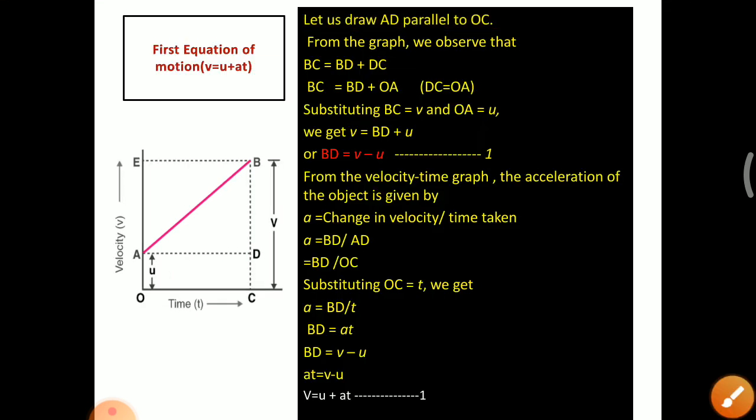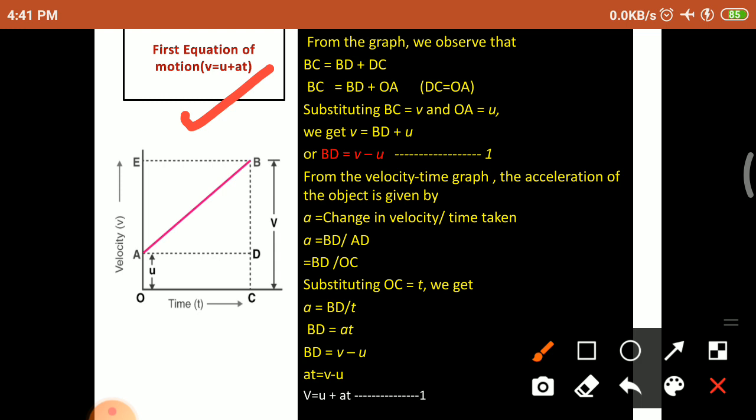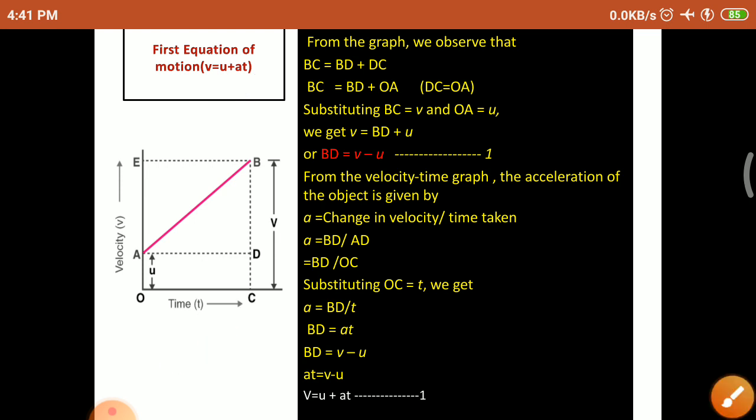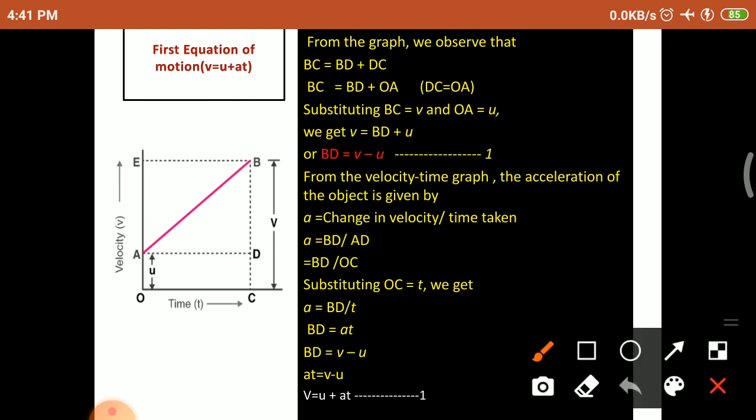So you know the first equation, v equal to u plus at. How will we prove it? We will derive v equal to u plus at from this graph. From the graph we observe that BC is equal to BD plus DC.